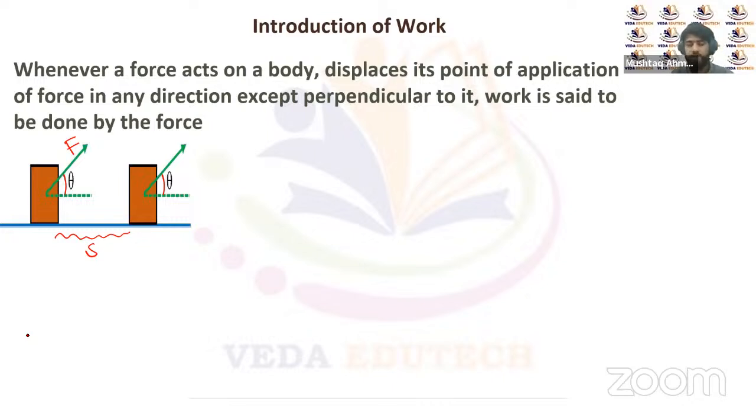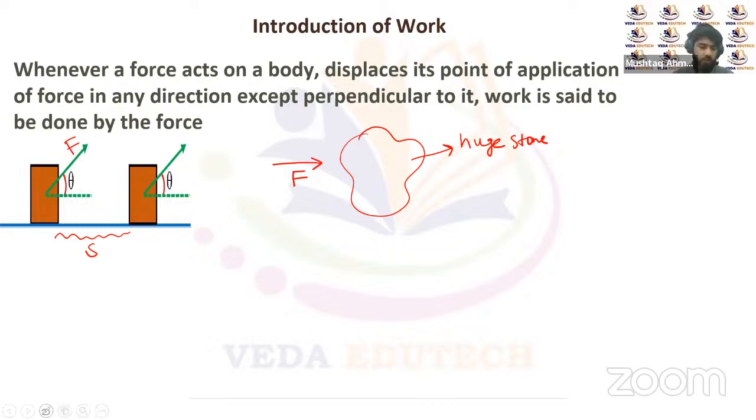Even if a force is applied to an object, but it does not displace it, then we say that work done is zero. Let's suppose there is a huge stone on the surface, and we try to apply force on this stone, we try to displace it, but the displacement of this stone is actually zero.